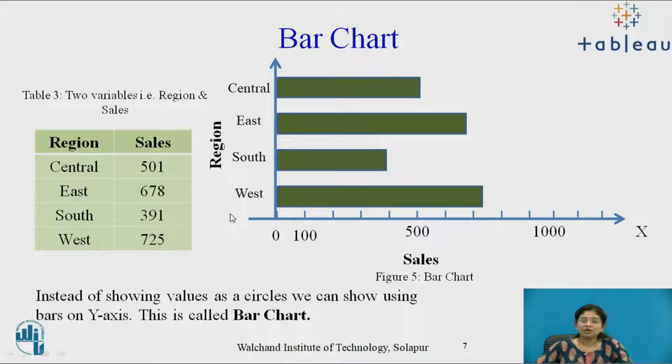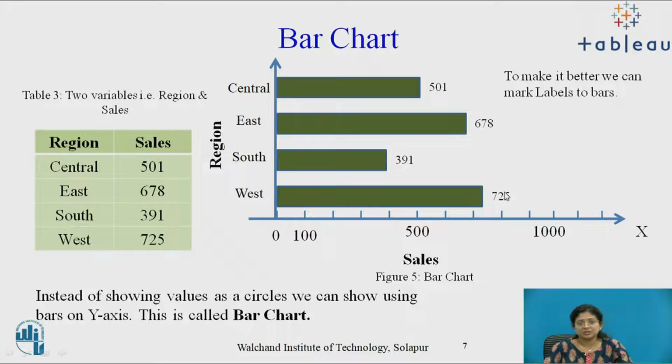We can also make this bar chart better by giving labels to each and every bar. Look here, in the central region the sales is $501,000. Here the label is there, and because of these labels this bar chart is quite readable.